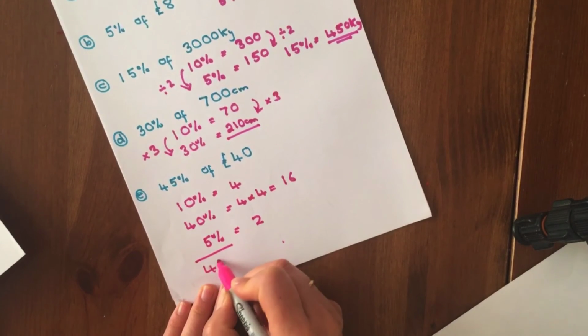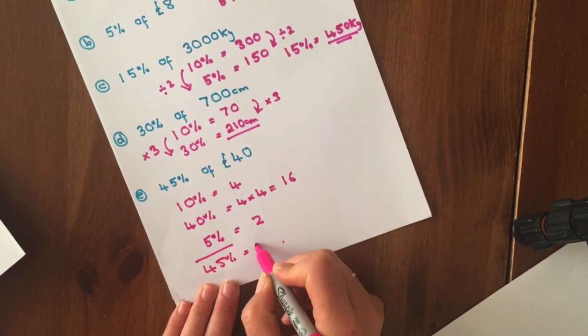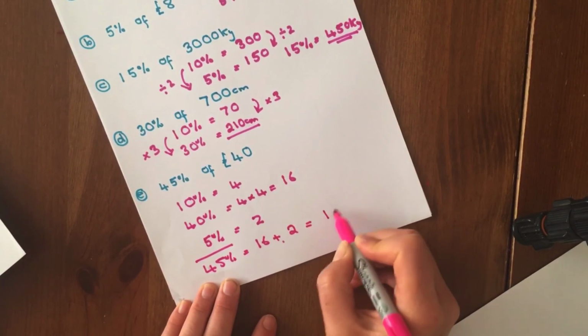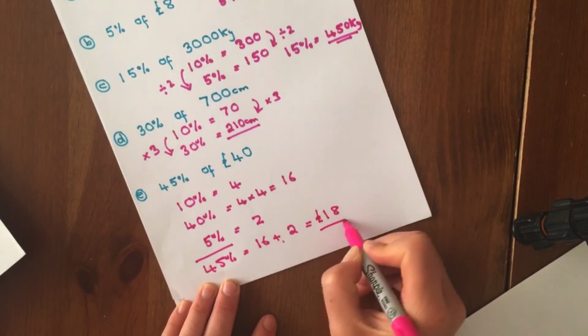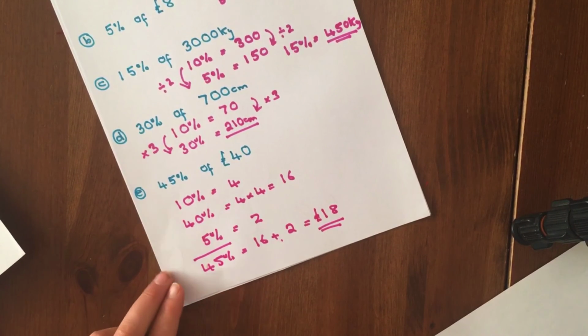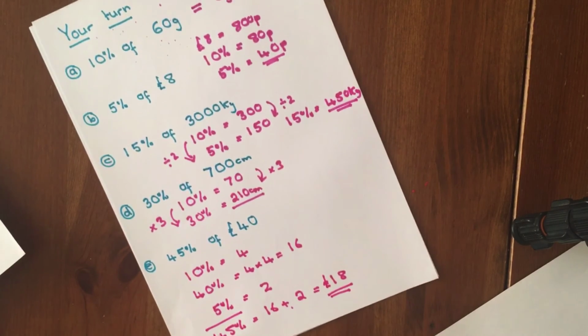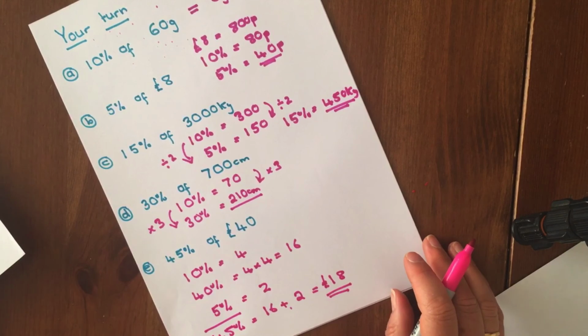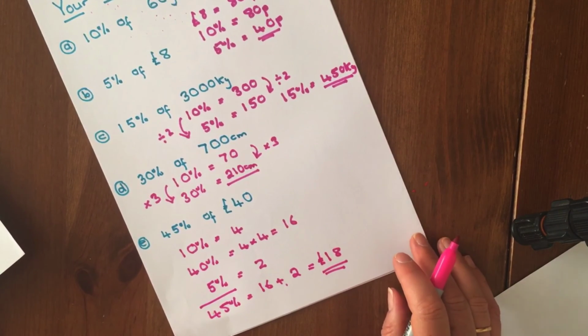And to get my 45%, I add my 40% and my 5% to get 18. So well done if you got that last one correct. That was a hard one. So those are the answers. Just mark all of those and correct them using your green pen.